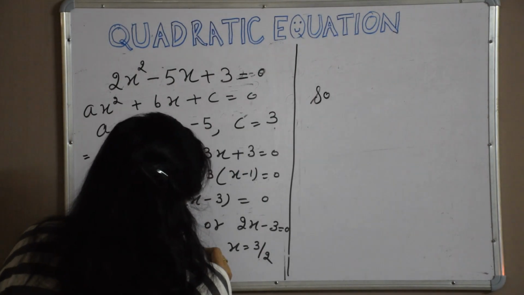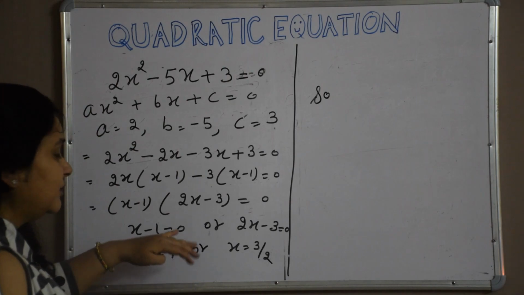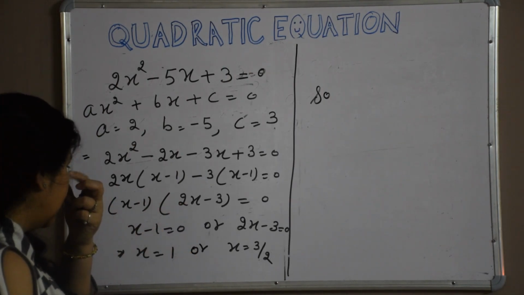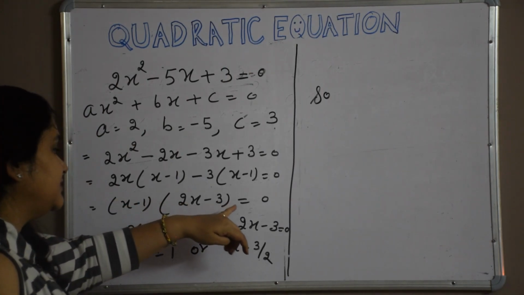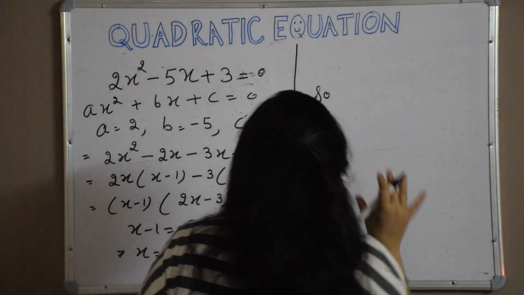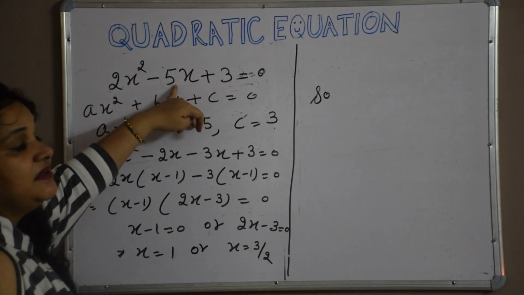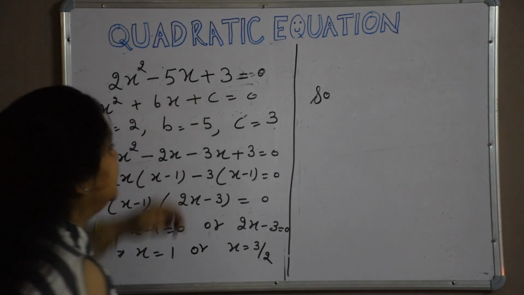So x is equal to 1. From here we can use "or". Now you understood why we are using "or", because any one of them is sufficient to make the given equation equal to 0. But here both the values of x make the value of the given polynomial equal to 0.